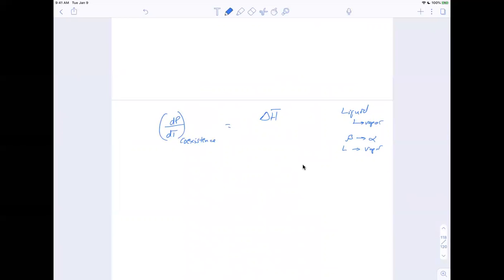So delta H bar, liquid to vapor, divided by T vaporization, because this is going to happen at T vaporization, times delta V bar to go from liquid to vapor. Okay, so that's what we have as our expression in the case of liquid vapor equilibrium.